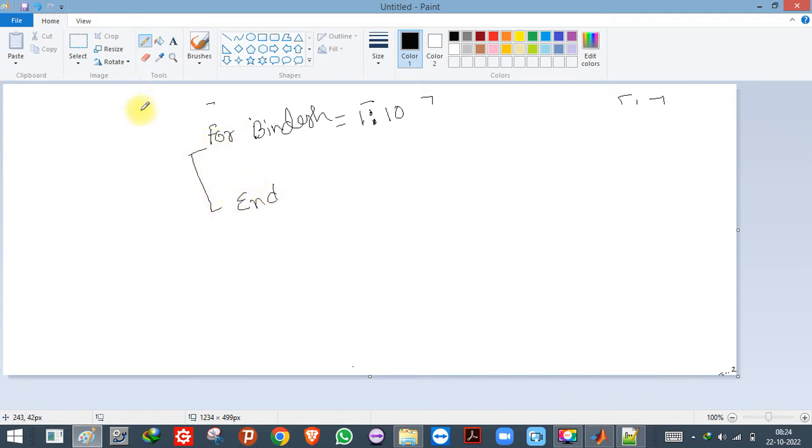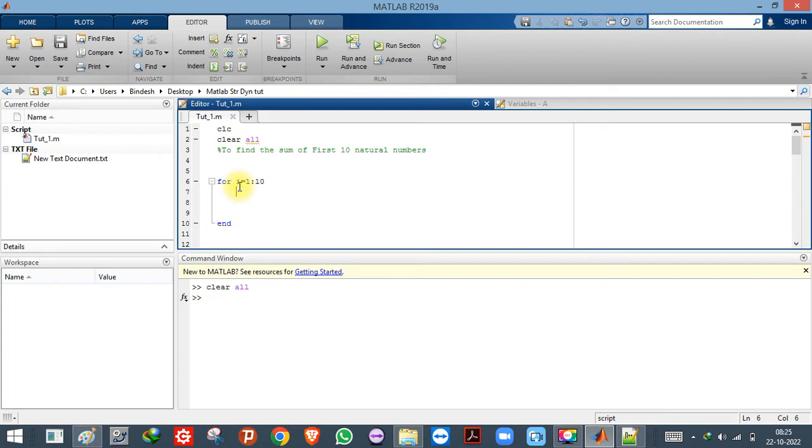What will happen? The software will come over here and see that a for loop is there. That means first it will take 1. So in the first execution it will take Bindesh equal to 1. If I write Bindesh over here, then it will display me that one. Instead of i, I write my name Bindesh, and I want my software to display what the first loop is.